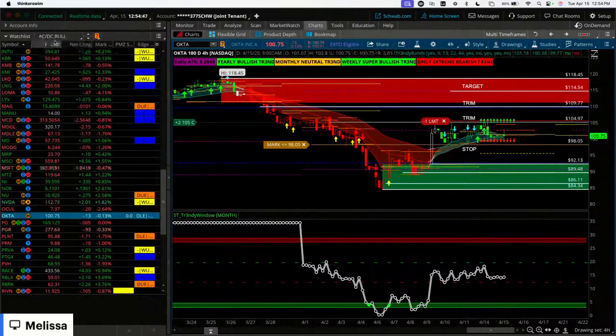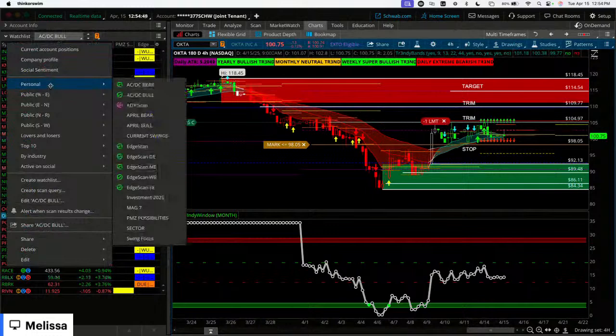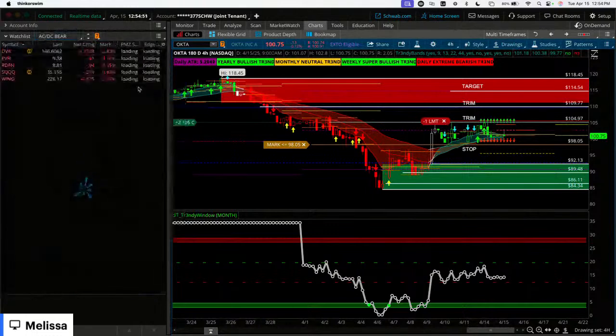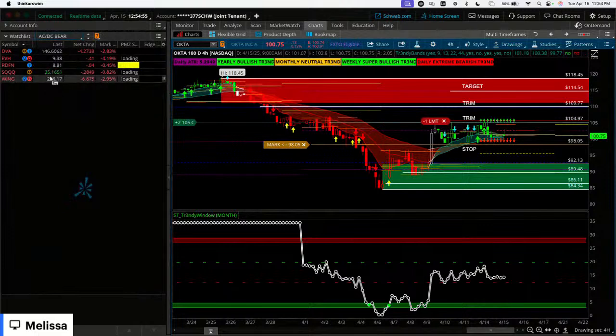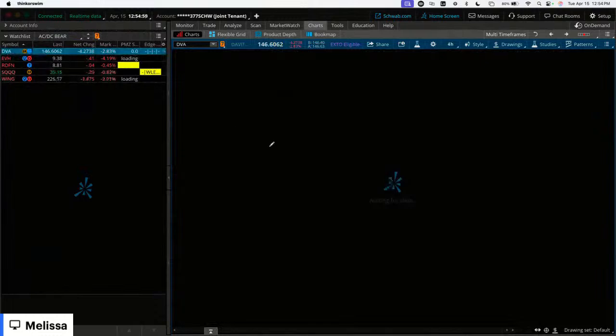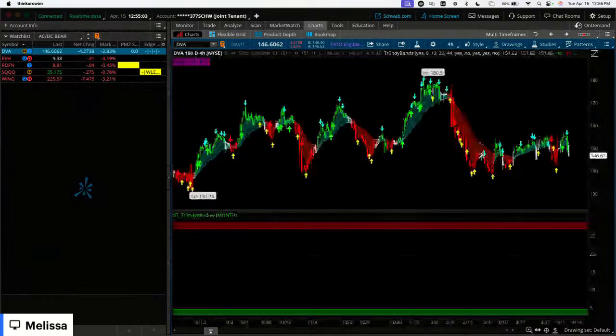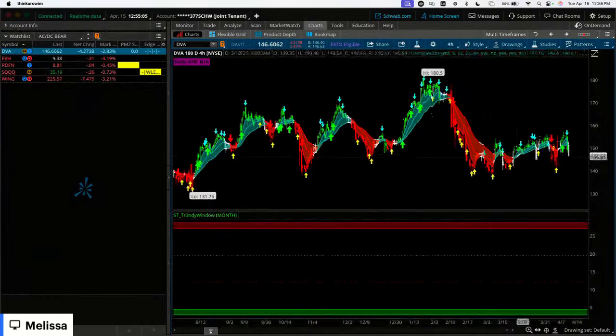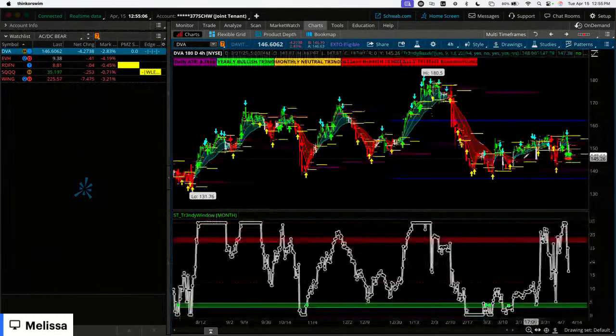Then for an ACDC bear trade, wow, not much ACDC bear action going on at all. So I will click on DVA and show you ACDC bear. All right.